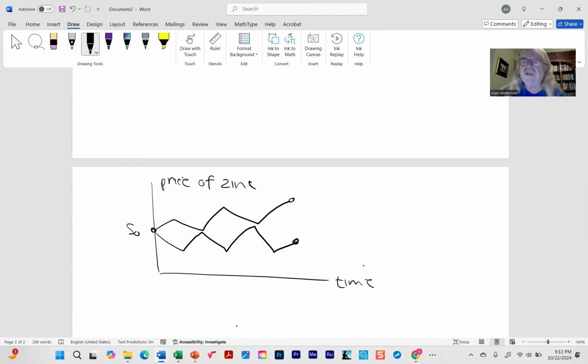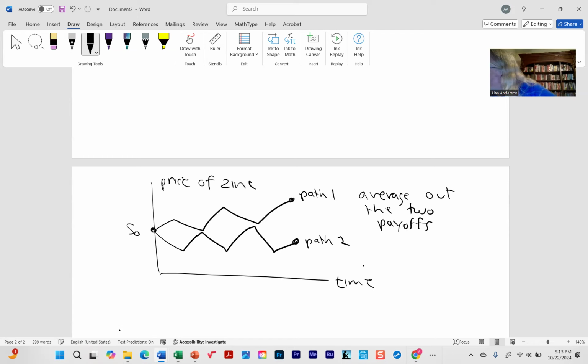My drawing is getting a little awkward here, but you get the idea. Think of this as path 1, and this is path 2. Now, clearly, the option's payoff is very different on the two paths. So what do we do here? We average them out. So the option price today is the present value of this average payoff.